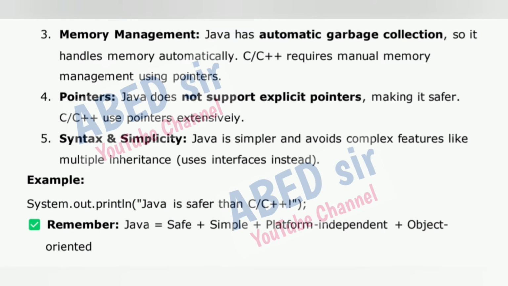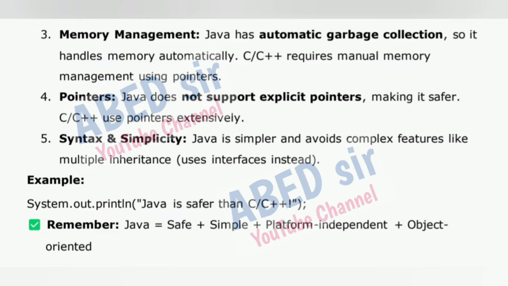3. Memory management. Java has automatic garbage collection, so it handles memory automatically. C++ requires manual memory management using pointers. 4. Pointers. Java does not support explicit pointers, making it safer. C++ uses pointers extensively. 5.